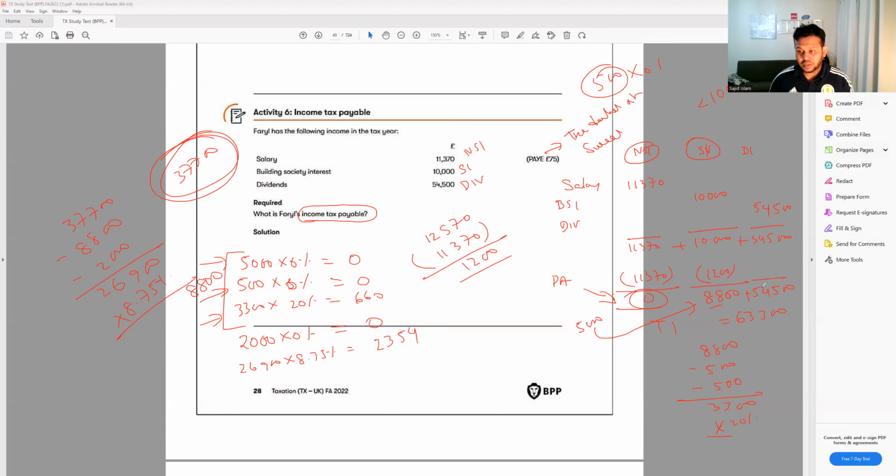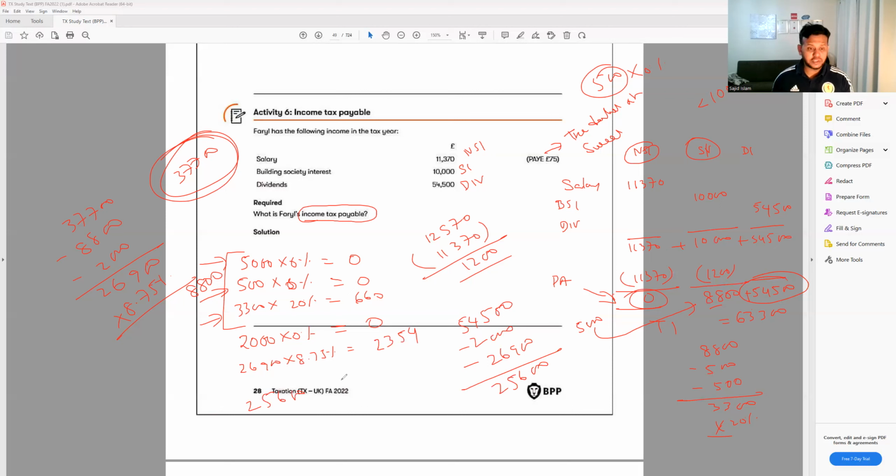After that, how much do we have remaining with the dividend now? The dividend was total 54,500. From 54,500, we already used 2,000, and we already calculated the tax on 26,900. So we still have 25,600. On this 25,600, that will go to the higher rate.